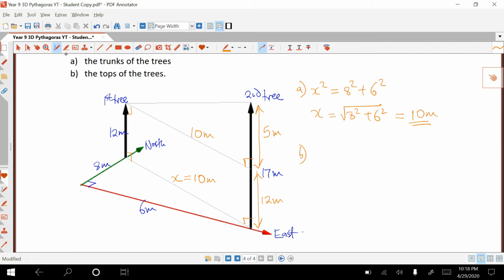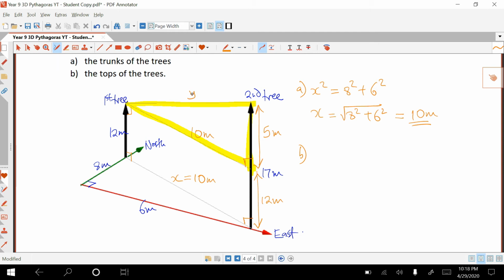So what you're trying to do here is to focus on this triangle here. If you notice this highlighted triangle, we want to focus on it to be able to find the distance between the tops of the trees. And the distance between the tops of the trees can be represented by y.